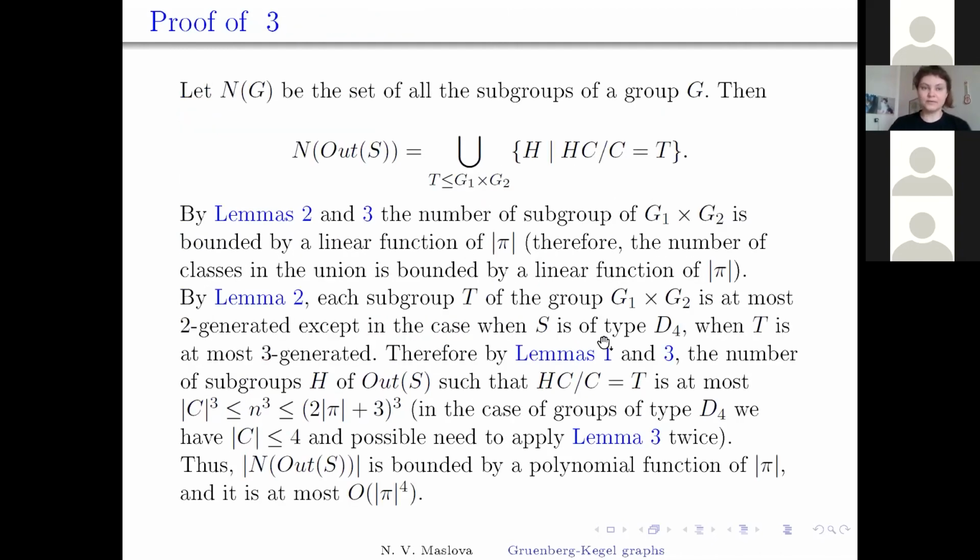So if we take n of G to be the set of all subgroups of a group G, then n of the automorphism group of S is a union of subgroups H such that HC by C equals T, and T is a subgroup of G1 times G2.